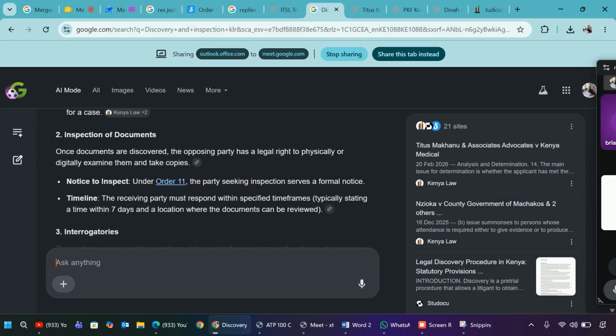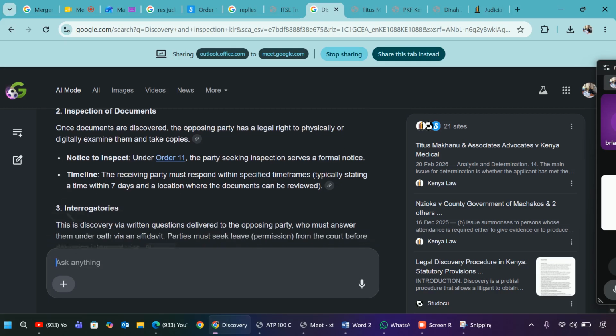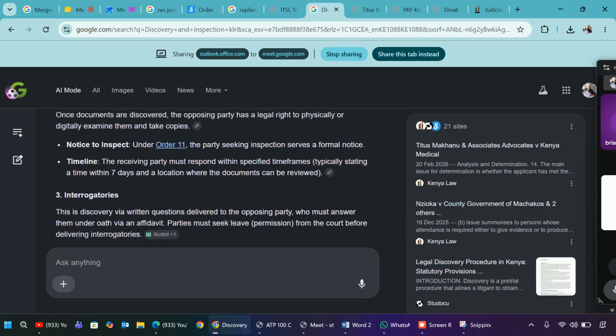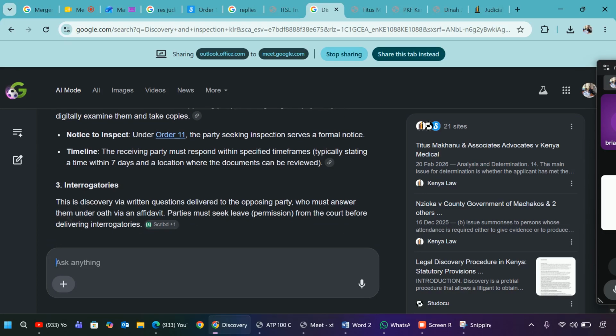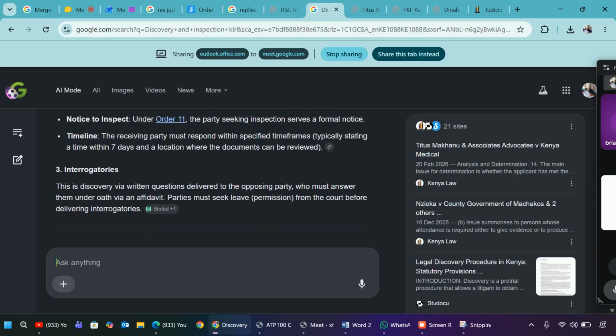Inspection of documents. Once documents are discovered, the opposing party has a legal right to physically or digitally examine them and take copies. This is where we have notice to inspect. Under Order 11, the party seeking inspection serves a formal notice. Timeline: the receiving party must respond within specified timeframes, typically stating a time within 7 days and a location where the documents can be reviewed.